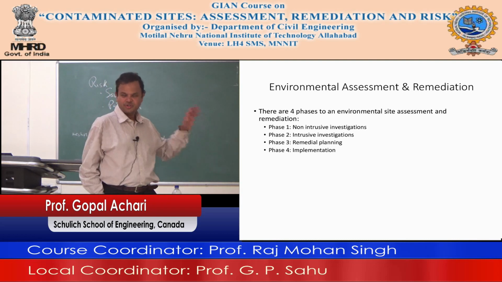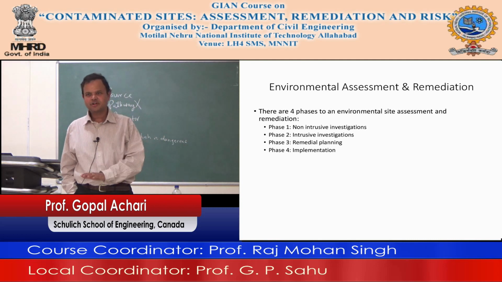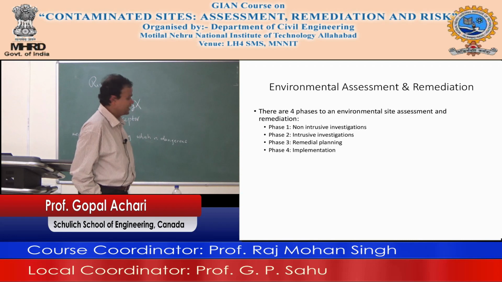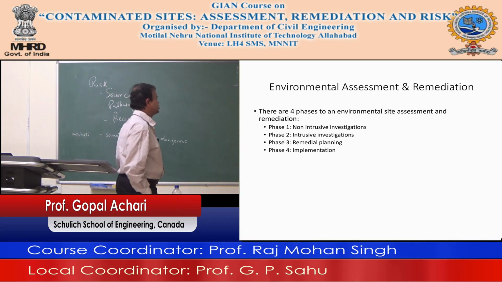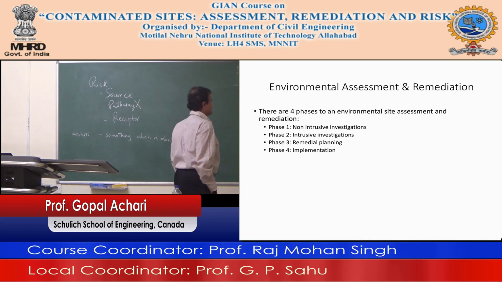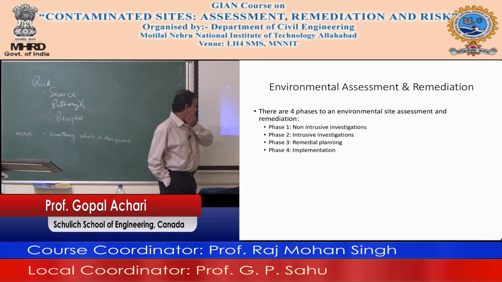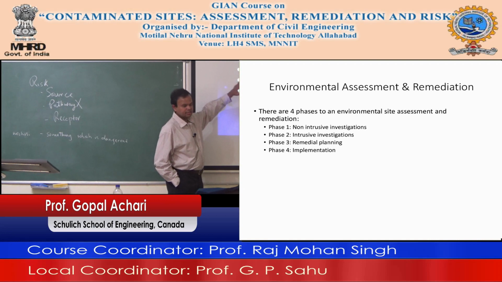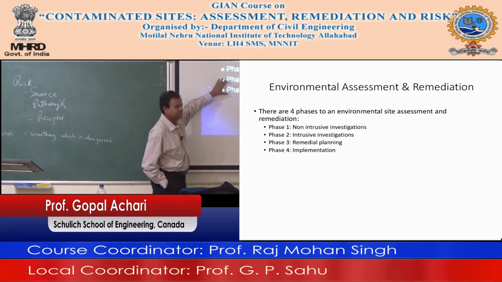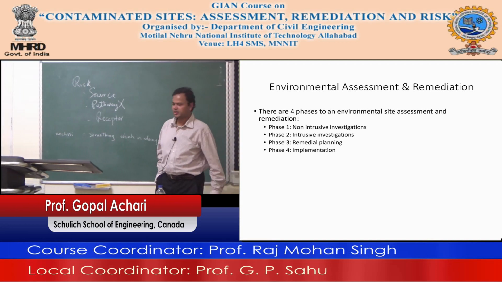What you're going to see from here on is a structured approach to contaminated site assessment. The first one is known as phase 1. It's 4 phases in some places, 3 in others. In the US they have this 4 phase. In Canada we have a 3 phase. Phase 3 and phase 4 are merged into one. Phase 1 and phase 2 still remain distinct.